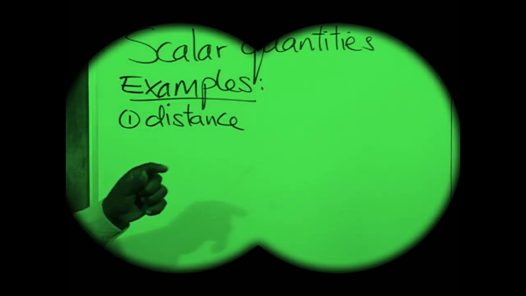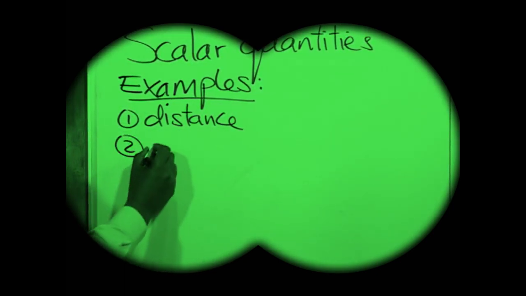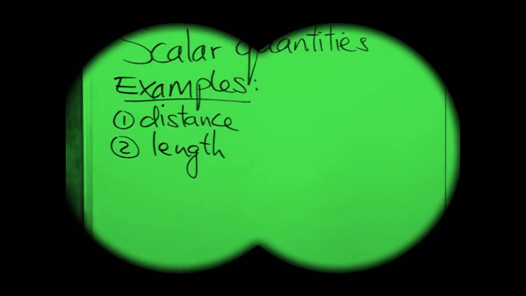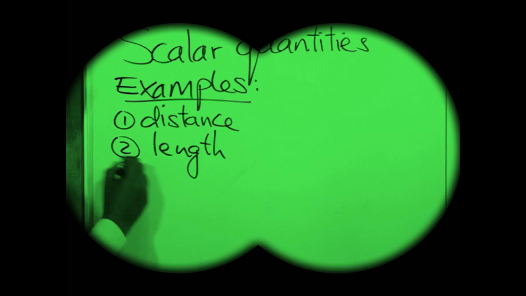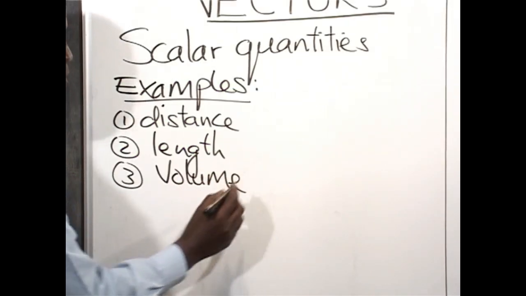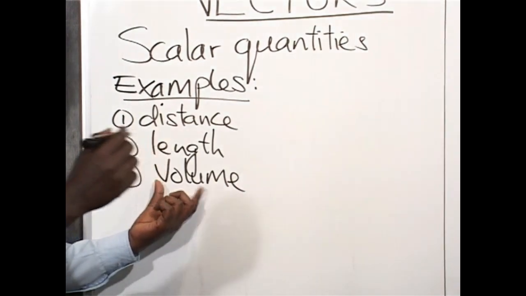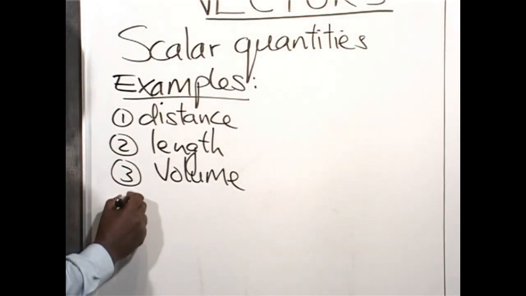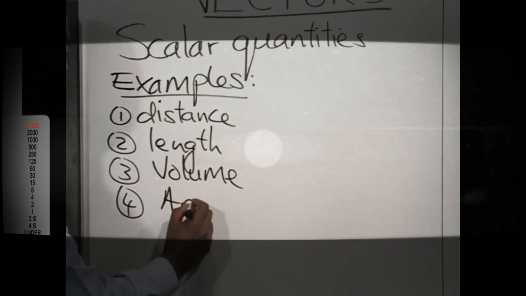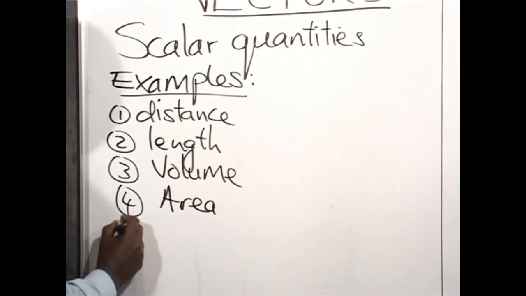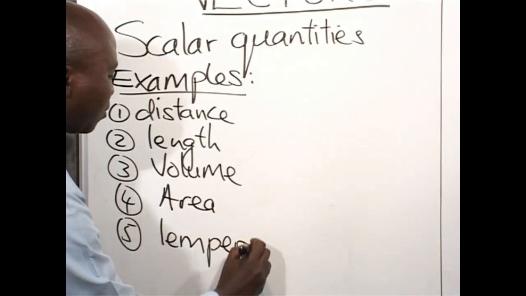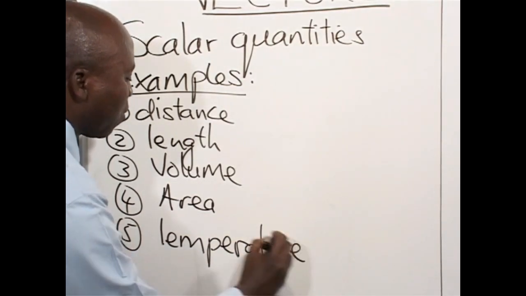When you are measuring something, you can give the length of an item. As we said earlier, you can talk about the volume. It will just give you a numerical value with a unit attached to it. Thirdly, you can have area or even temperature. All these are examples of scalar quantities.